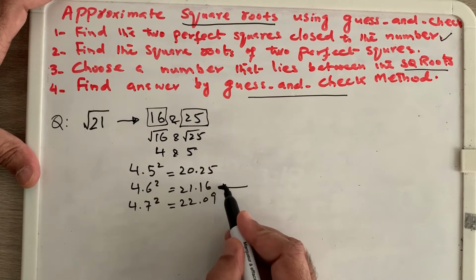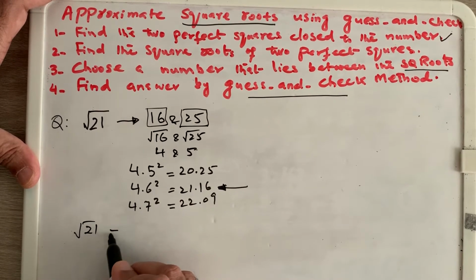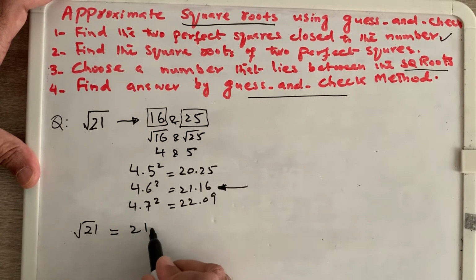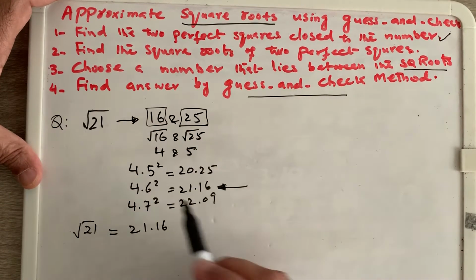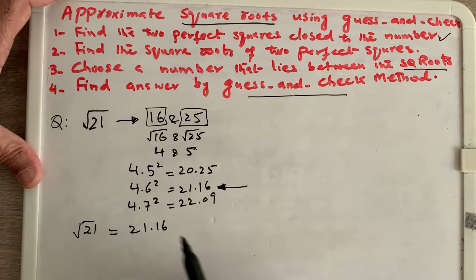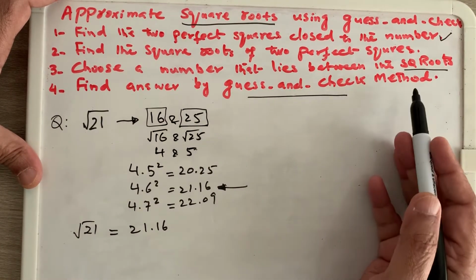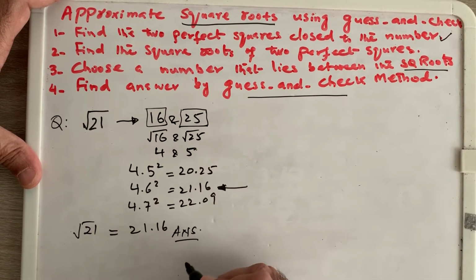This is guess and check, and we determine that under root 21, my answer will be 4.6, whose square is 21.16. That is the closest one, because I cannot just choose 4.5. I can guess like 4.5, 4.6 or 4.7, but then I check by the guess and check method what my correct answer is. So this one will be my correct answer.